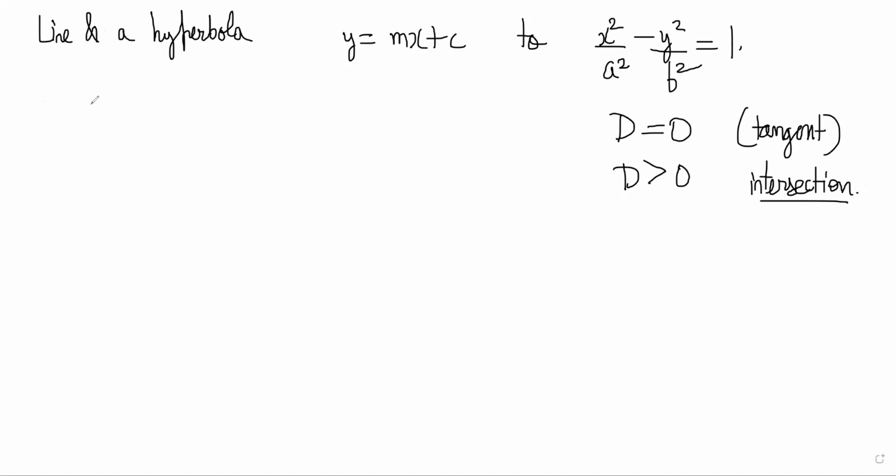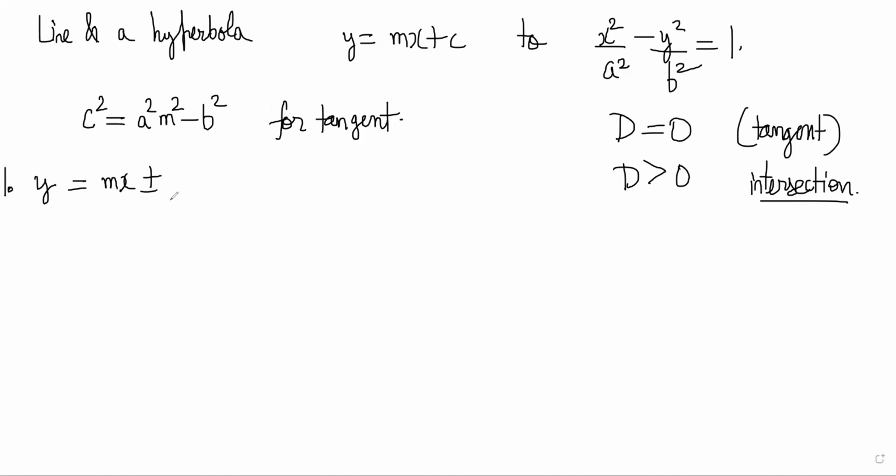From here, you will get the condition that c square is equal to a square m square minus b square for tangent. Therefore, the equation of tangent in slope form will be y equals mx plus or minus root over a square m square minus b square. Tangent equation can be written in other forms.